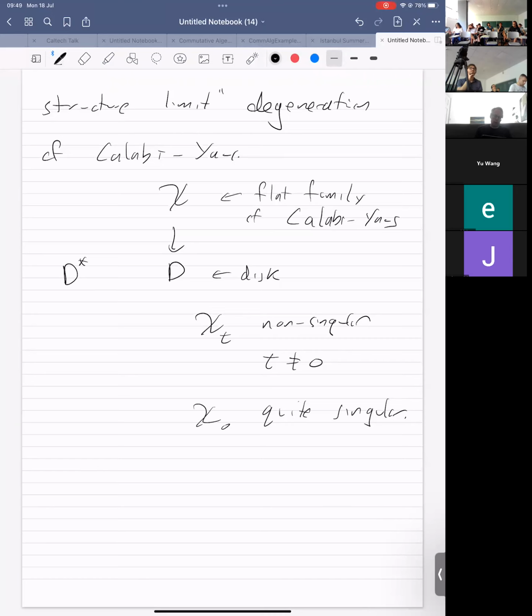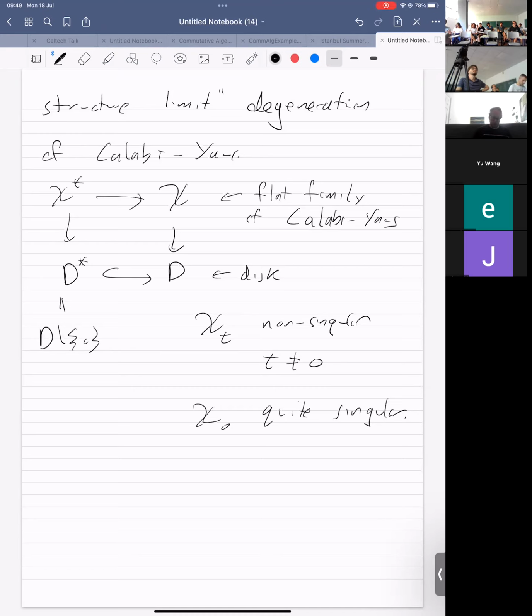And we have the punctured disk sitting here, and then the family of smooth Calabi-Yaus sitting over this. We can then look at the monodromy action coming from this family over the punctured disk.